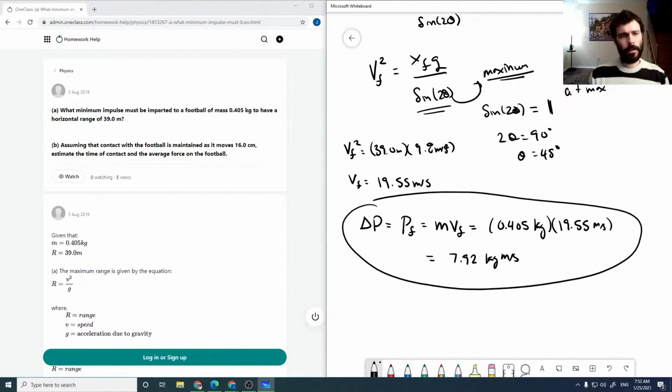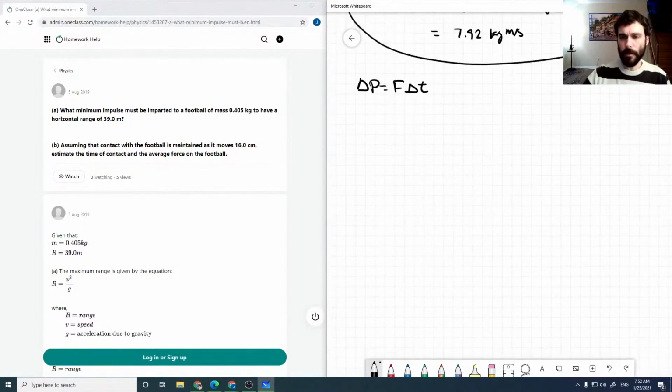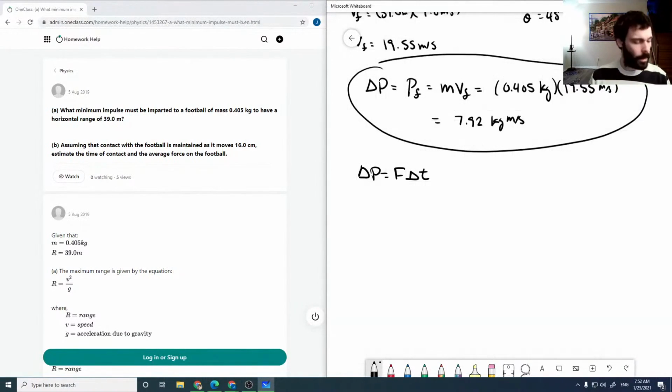And now, assuming that contact with the football is maintained as it moves 16 centimeters, estimate the time and average force. So our delta P is F delta T. But also, we're given distance, so that always makes me think of potential energy.